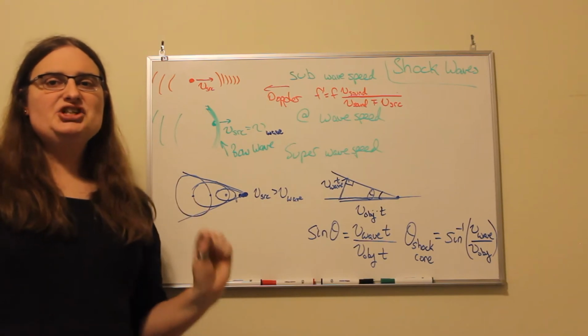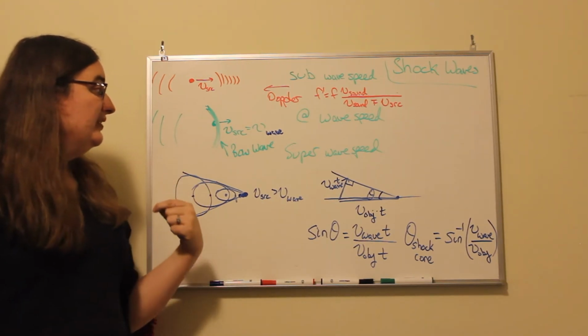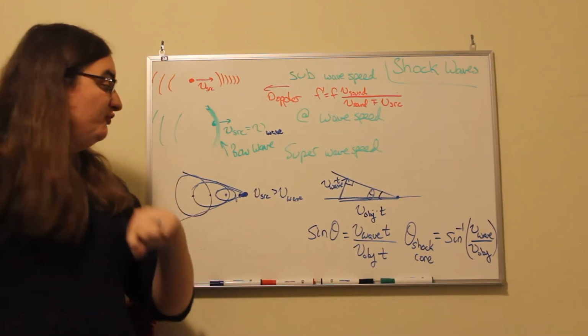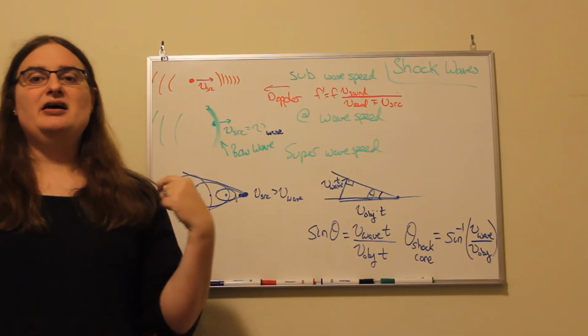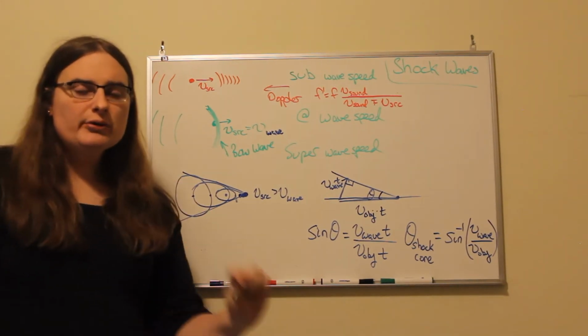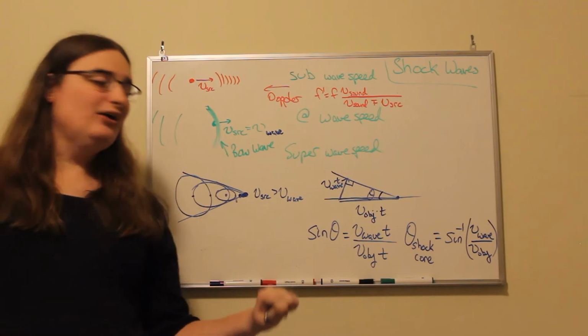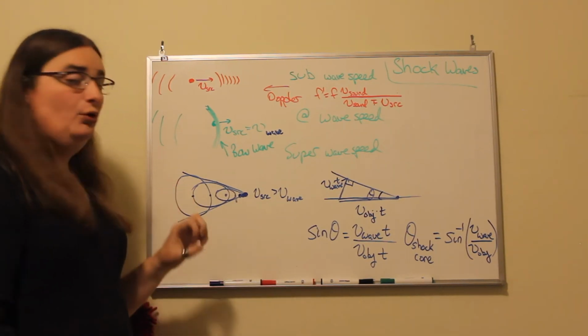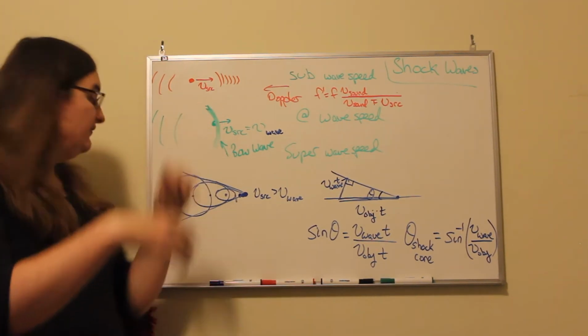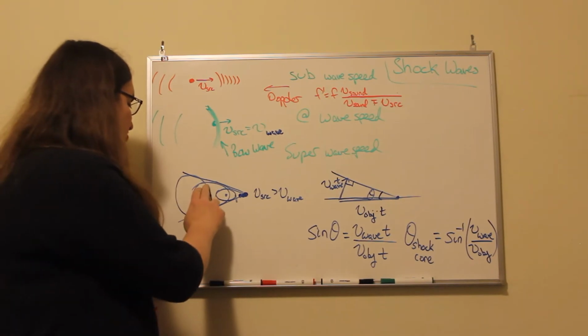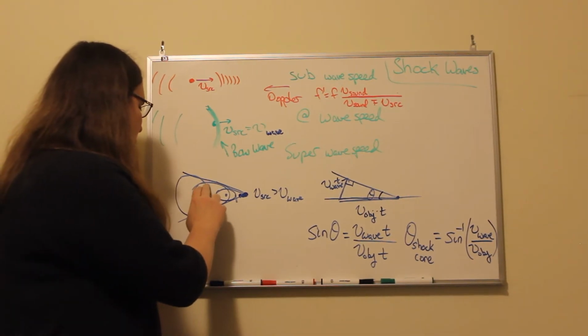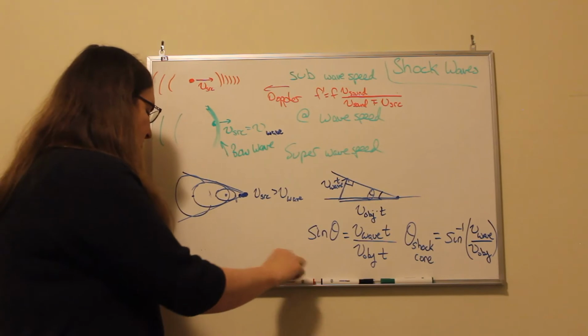Now, the case of a shock wave happens when an object moves faster than the speed of a wave. If we were to think of an object producing sound, then at any given point, that object would have a sound wave that ripples outward. I would have to slightly adjust some of these pieces.